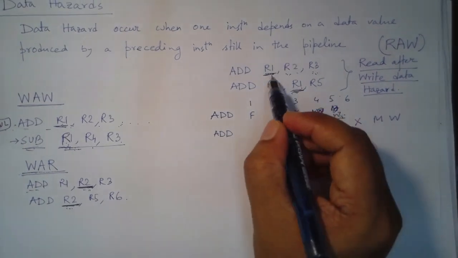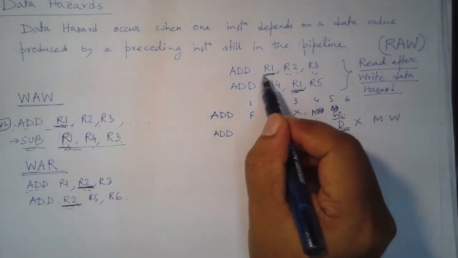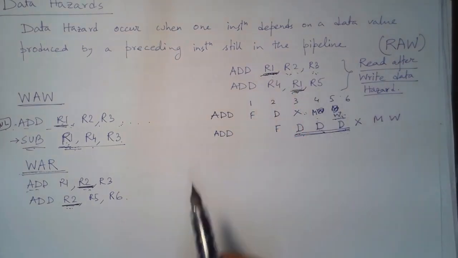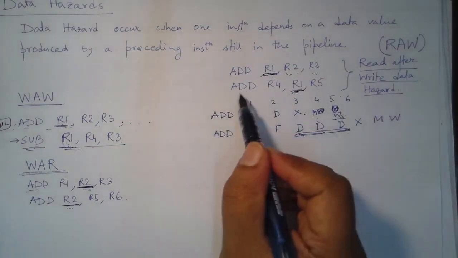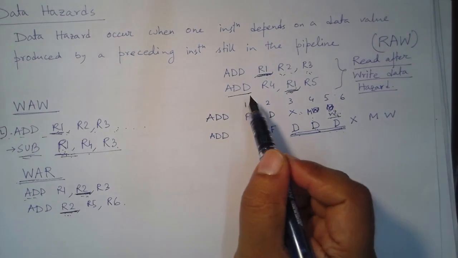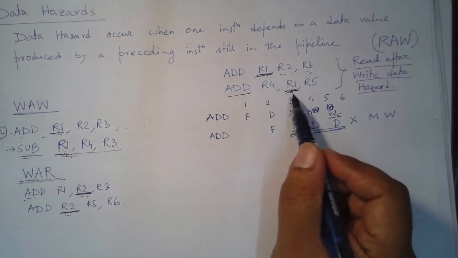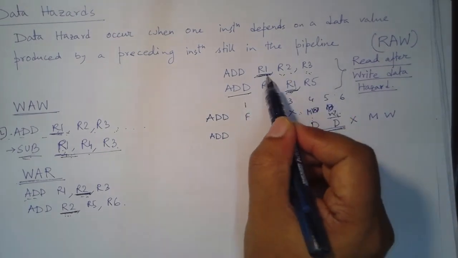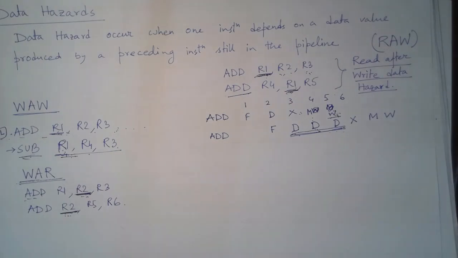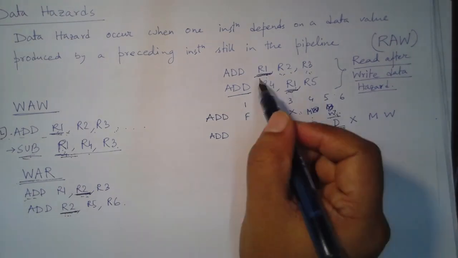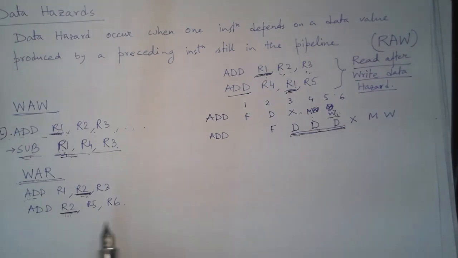From this example, we know that the destination register R1 is getting updated. As soon as you fetch this next instruction, you see that one of the operands is R1. Now, this previous instruction has given feedback that, okay, my destination register is R1, so I will be updating it. So this information is fed to the earlier stages.